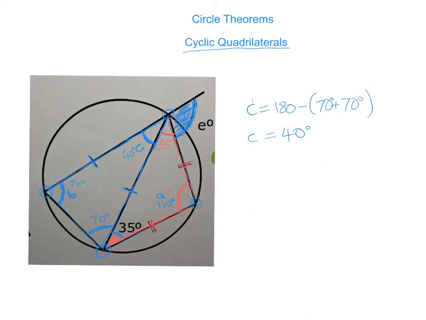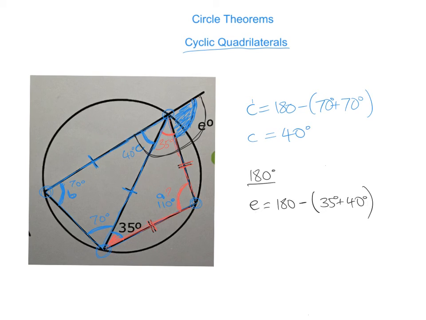We can use another piece of information that we've learned over the last few weeks, which is that this angle here is an angle on a straight line, and angles on a straight line add up to 180 degrees. We've got two of the angles: 40 degrees and 35 degrees. So this angle here, angle E, is going to equal 180 minus those two angles that we've just calculated, so 35 plus 40.